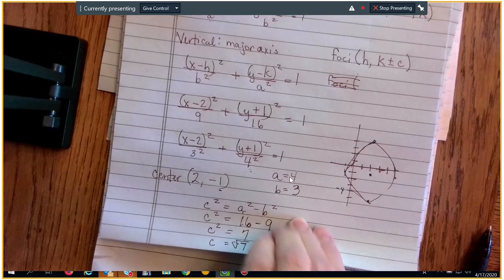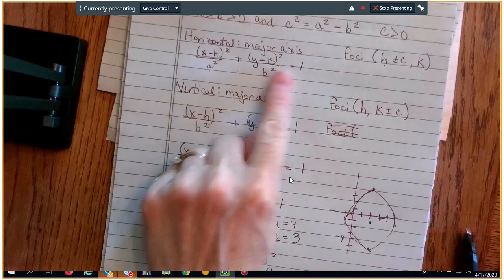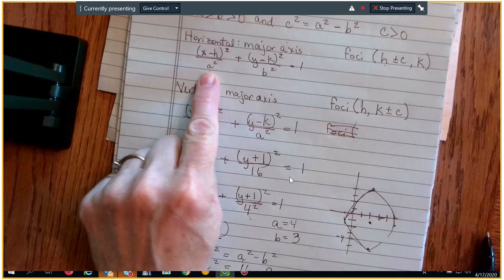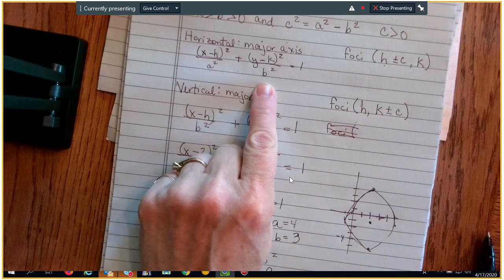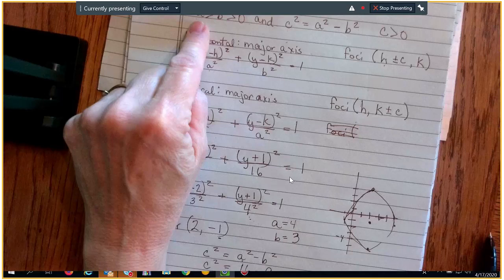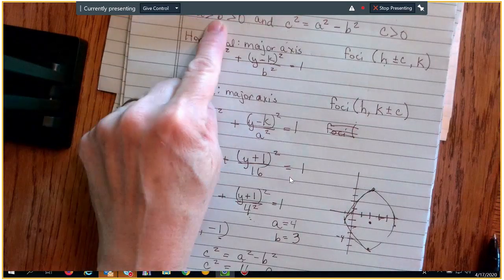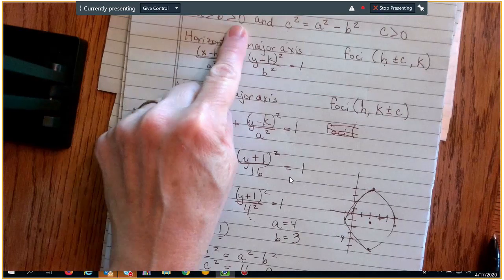As long as you remember, for the horizontal major axis, the a squared is under the x squared, and the b squared is under the y squared. It always tells you the major axis is going to satisfy a is always larger than b, and b is always larger than 0.